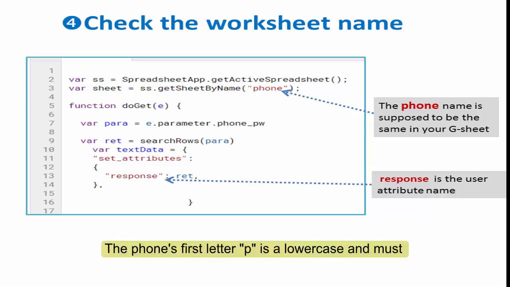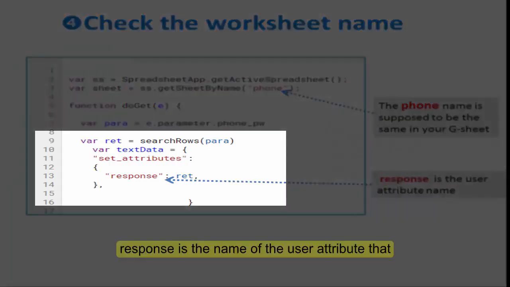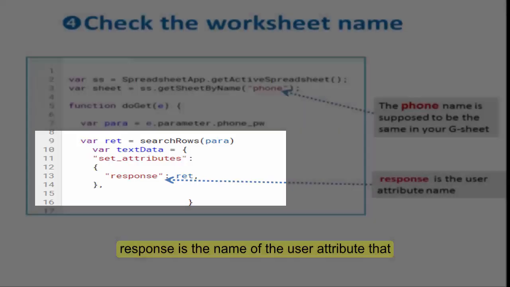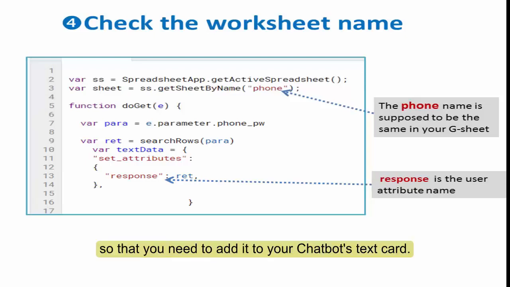Remember, the first letter P is lowercase and must match the name of the sheet in the spreadsheet. Response is the name of the user attribute that carries your chatbot's answer, so you need to add it to your chatbot text card.